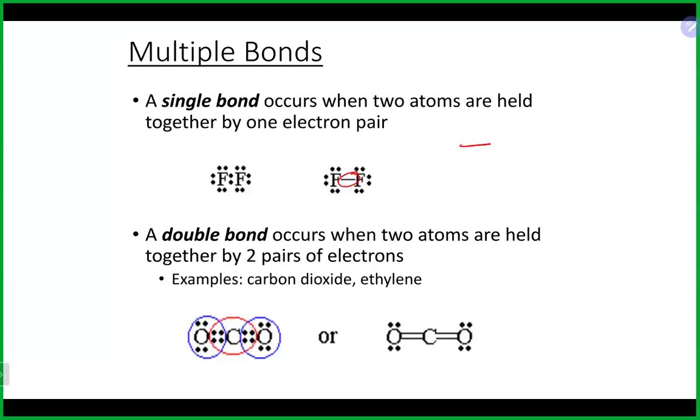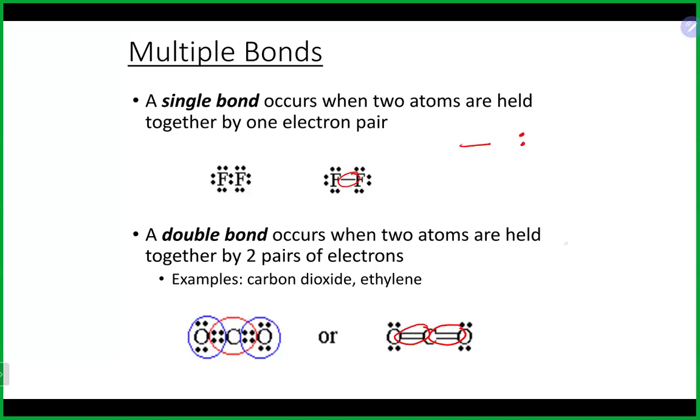And again, one line represents a pair of electrons, or 2 electrons. Sometimes you actually need some double bonds to allow atoms to reach the octet rule and be happy. In the case of CO2 here, we actually will need not one, but 2 double bonds to allow it to get to the octet rule.